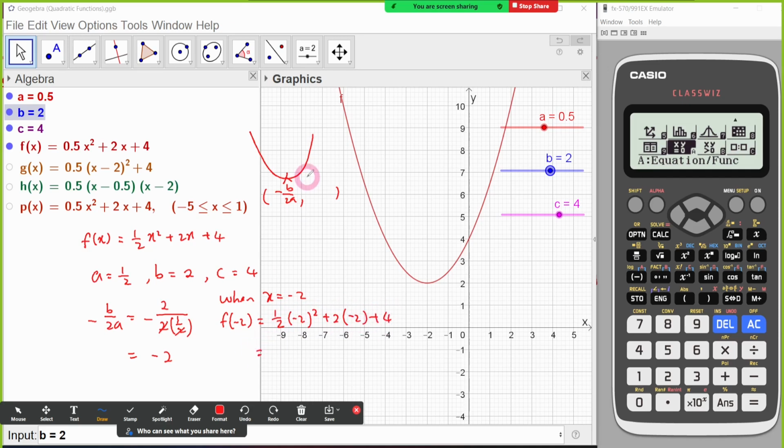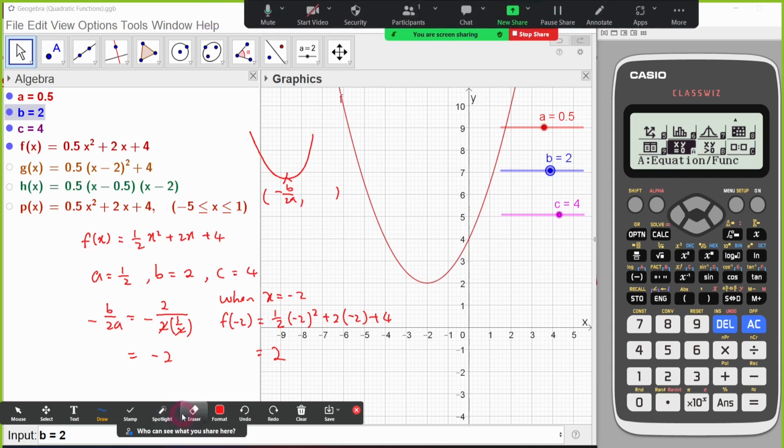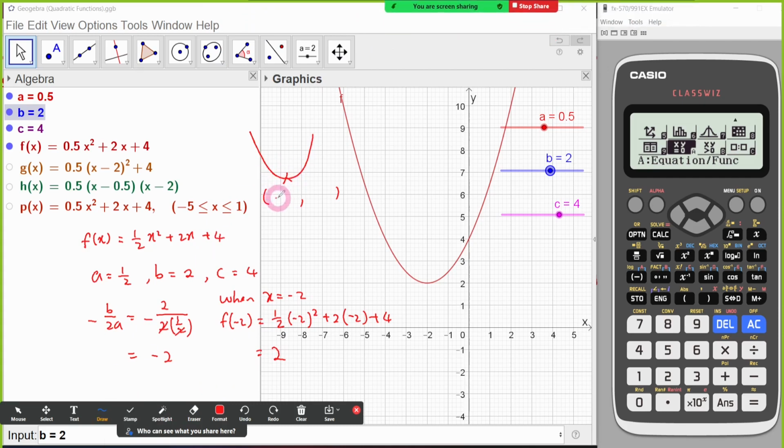Just press your calculator, and you will be able to get 2. So now we know the coordinate of the minimum point is (-2, 2).